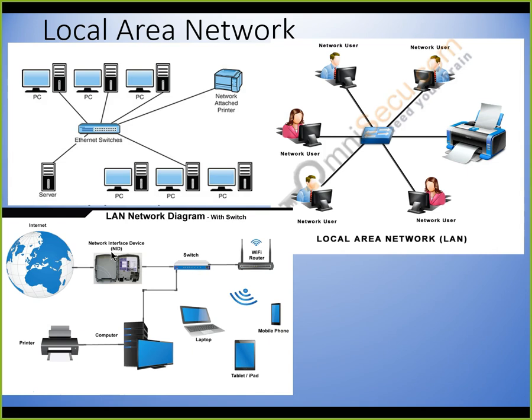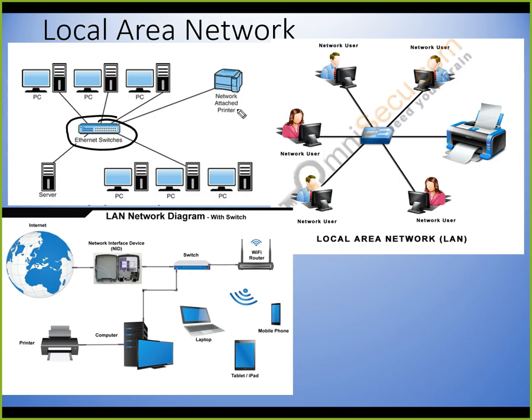The next one has some images of a local area network, just different things, to get some of the devices introduced. We have Ethernet switches that connect all these devices together. It's a junction point, a place that they all connect to so that they can communicate with each other.